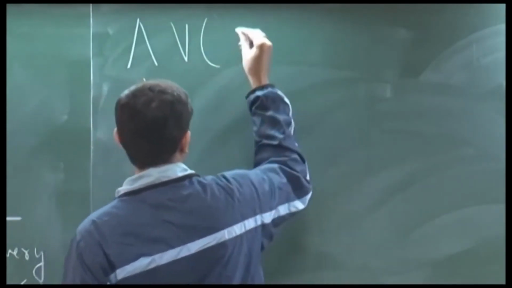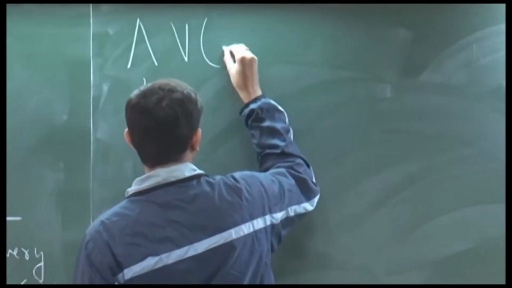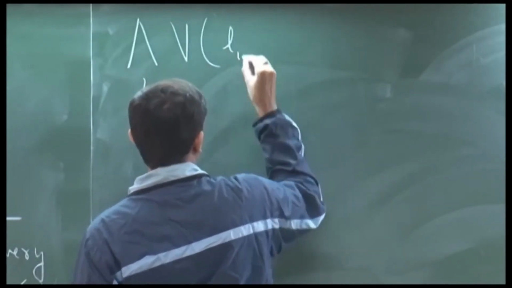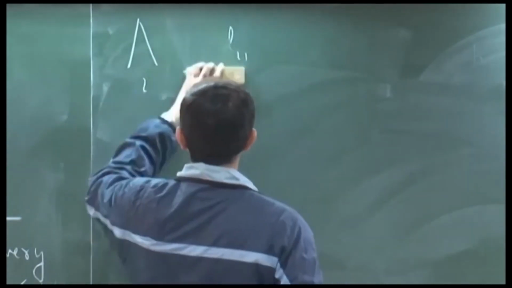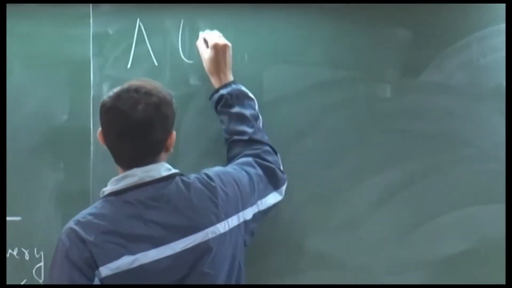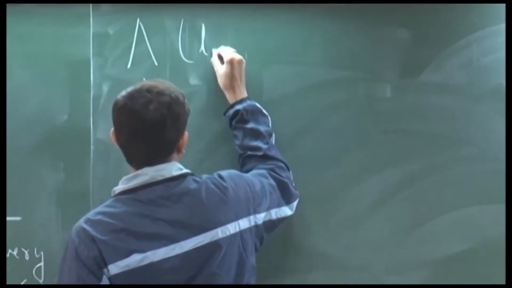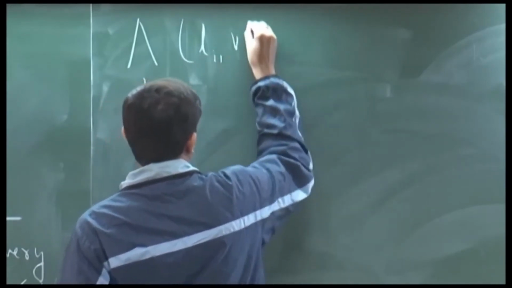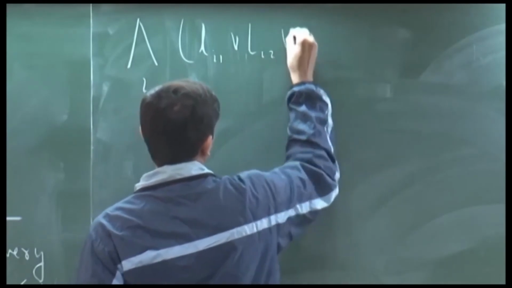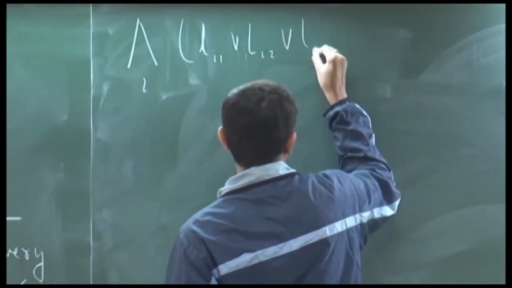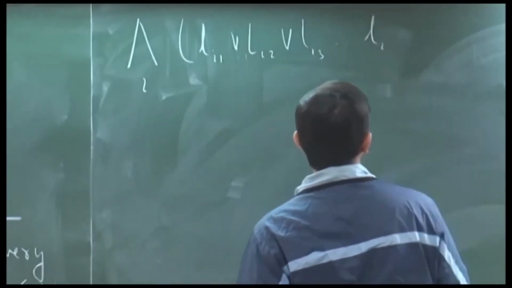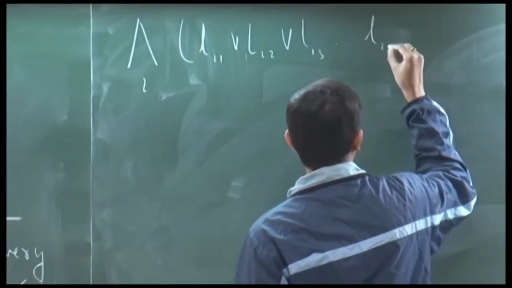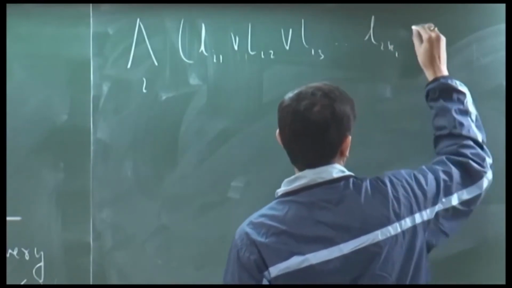So, I can have an AND of clauses, where clause i is literals L_i1 or L_i2 or L_i3, and so on up to some L_ik_i.